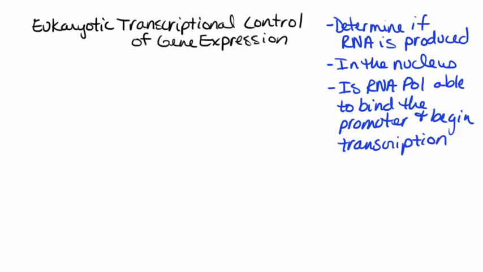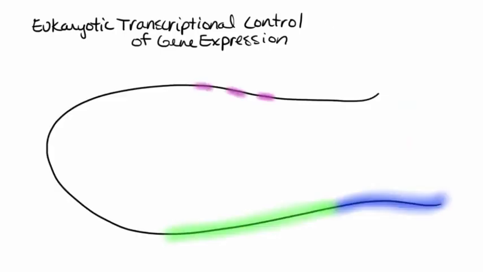Okay, so let's take a closer look at the promoters in eukaryotic cells and how this initiation of transcription would take place. So here we have a look at a piece of DNA, and what's being shown on here, the blue down at the bottom would be the gene, and the gene is going to be what gets transcribed or copied into RNA later. So this would be located right here, our +1 site, so that would be the transcription initiation site.